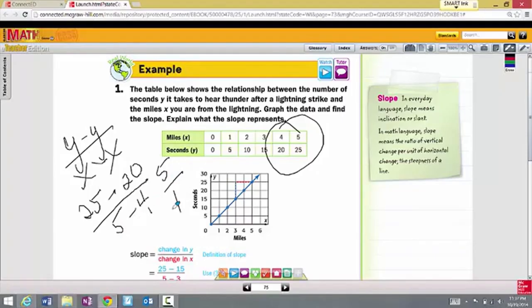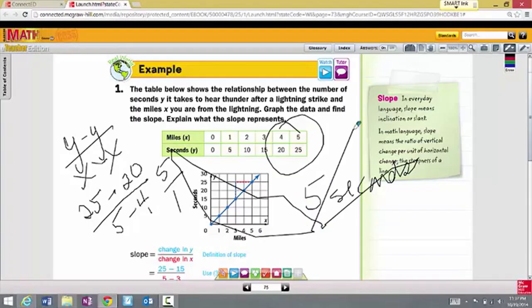Now again, this is a perfect example. You have 5 over 1. You can leave that as 5 over 1, or you can write it as 5. Either one would be fine. Now you have to tell me what that slope represents. That means that for every 5 seconds, because it's 5 over 1, it's all over the place. I'm going to erase that.